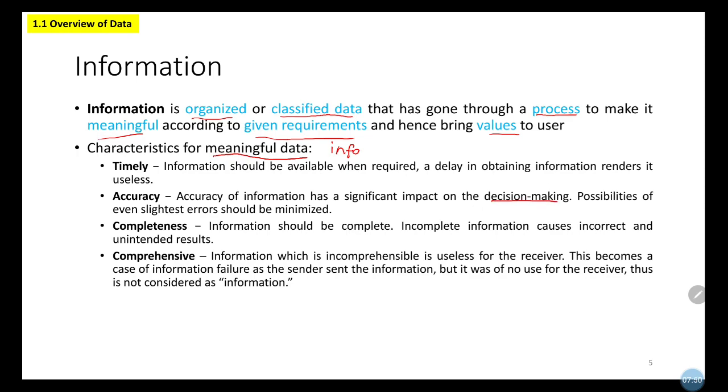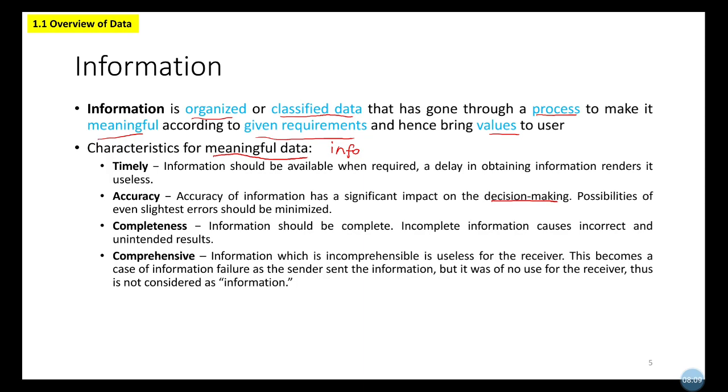So the possibility of even the slightest error should be minimized. That is why, when I store your information, I need you to get your full name spelled correctly.